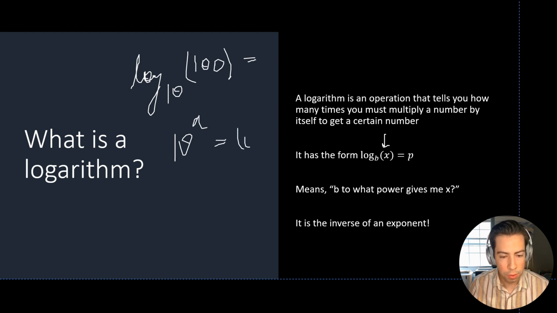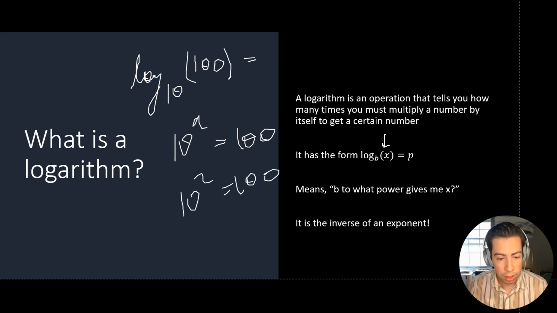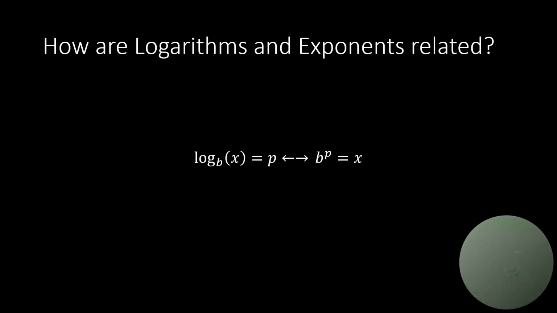To what power equals 100, okay? So this is basically all I'm asking myself. And I know that 10 squared equals 100. So 10 to the 2 equals 100. And that means that the logarithm of 100, if the logarithm has the base 10, is going to be equal to 2, okay? So really, I'm just asking myself, 10 to what power gives me 100, okay? So let's keep going, and it should make more sense as we get into it.